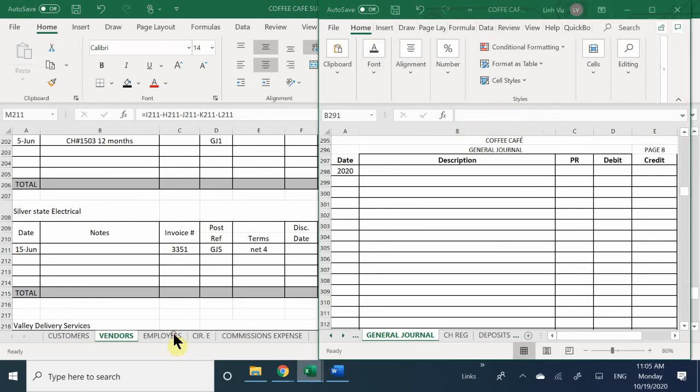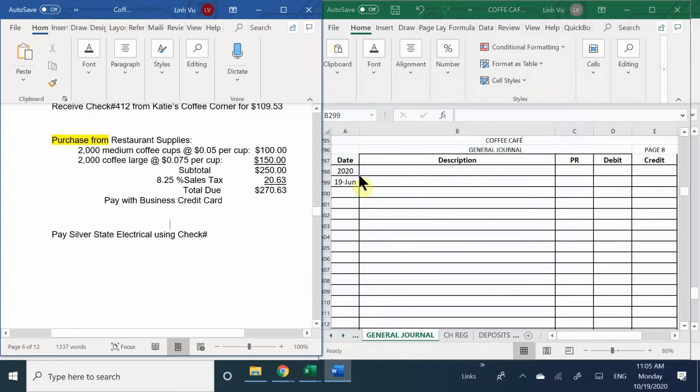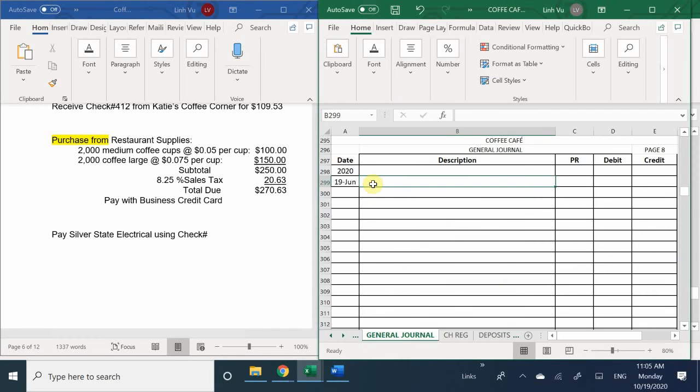So I'm gonna go back to my journal. What is my transaction going to be? Checking?